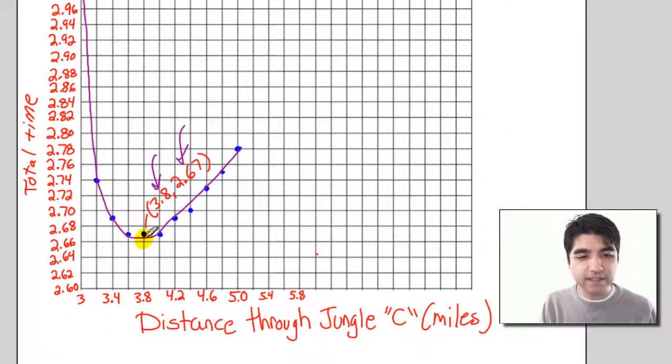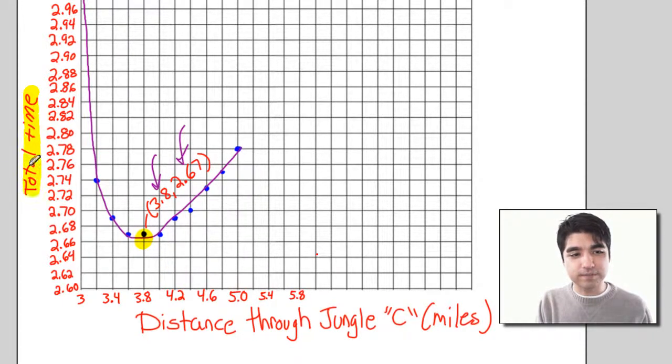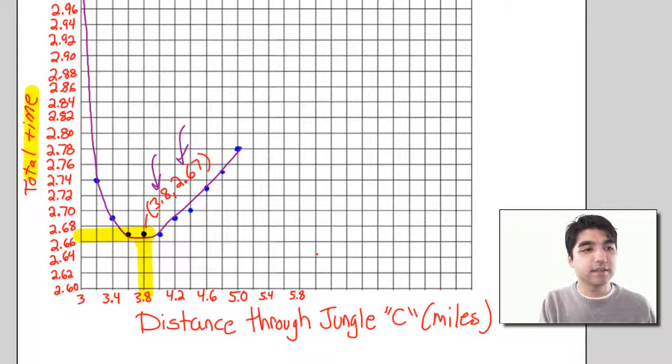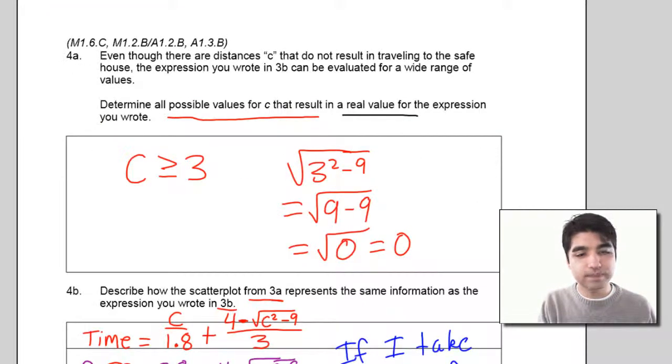So basically, the shortest amount of time comes from, remember the y-axis is time, so the shortest amount of time comes from this number right here, which equals 3.8 miles through the jungle.